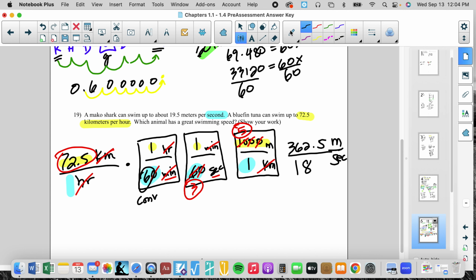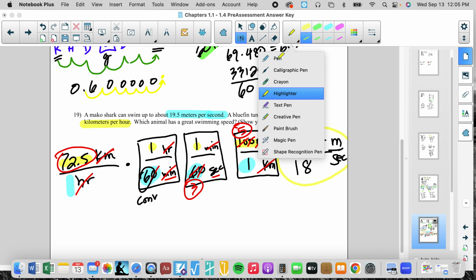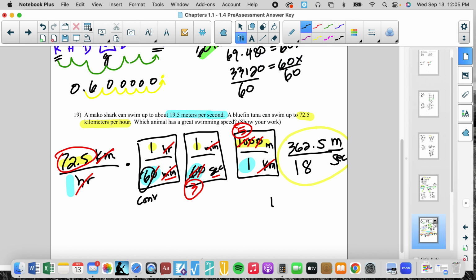But that doesn't help me, because I don't know how fast this mako shark can swim in 18 seconds. I know how many meters it can swim in 1 second. So I'm going to change this to a unit rate, meaning per 1 second.